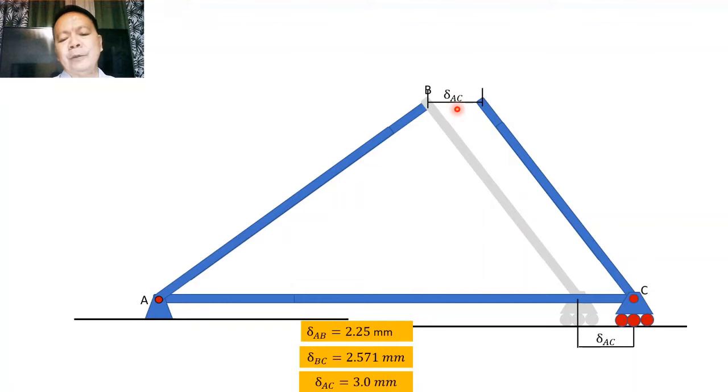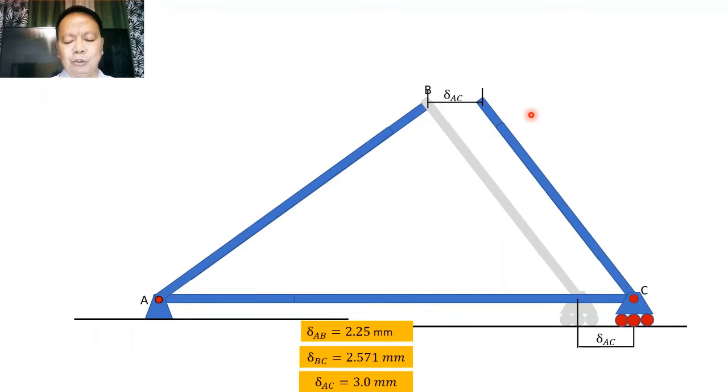Now, after we have shown the movement of point B caused by the elongation of AC, let us show the deformation caused on the other members. Because member BC is subjected to compression, we would expect that BC will be shortened by an amount of 2.571.